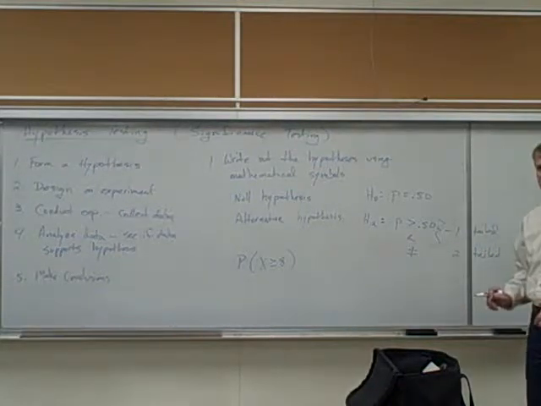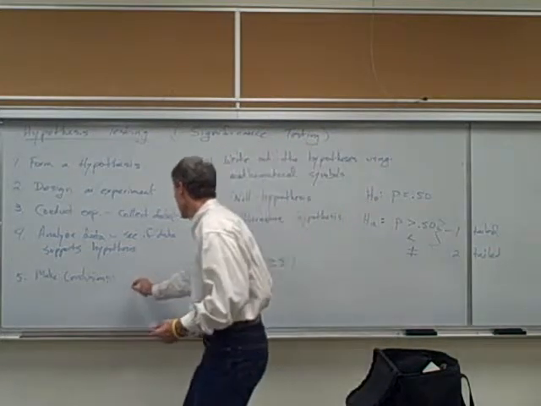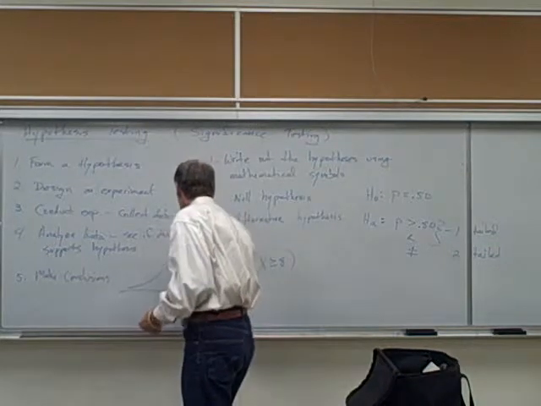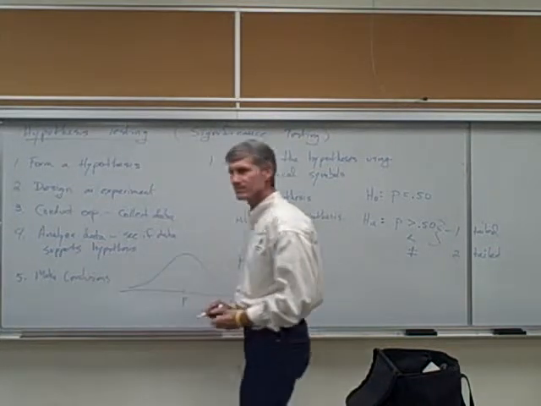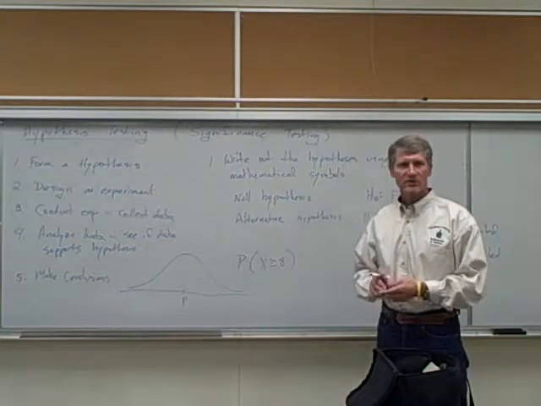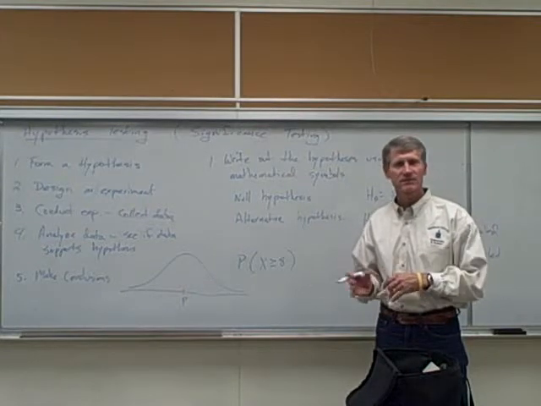And what that's referring to is the sampling distribution of p hat. So let me draw that here. Remember, the sampling distribution of p hat is centered at p, and it's roughly normal bell-shaped distribution, as long as you have at least 15 successes and 15 failures.